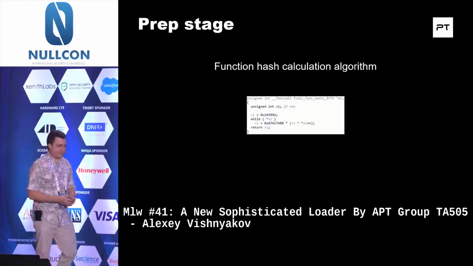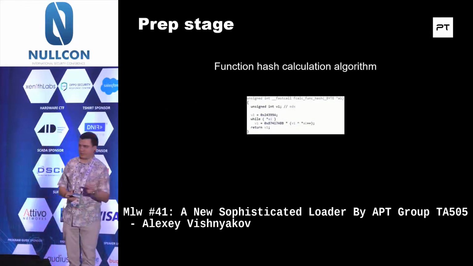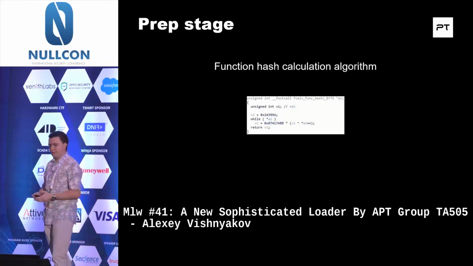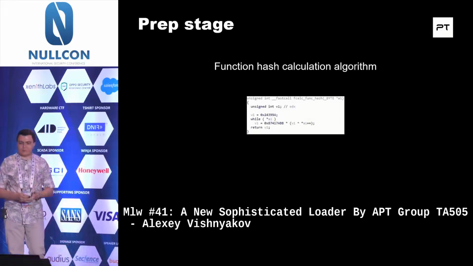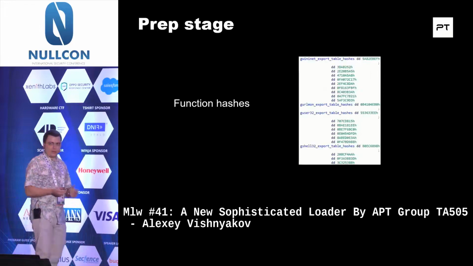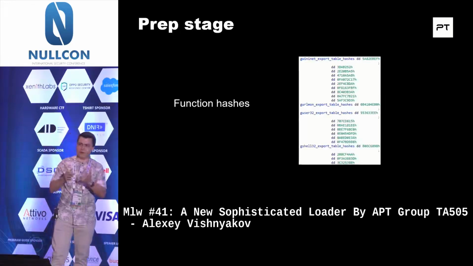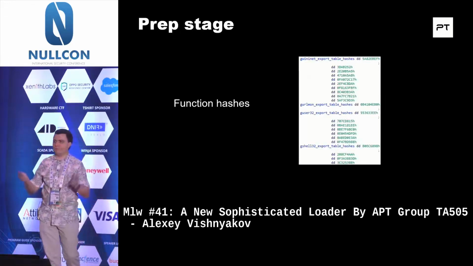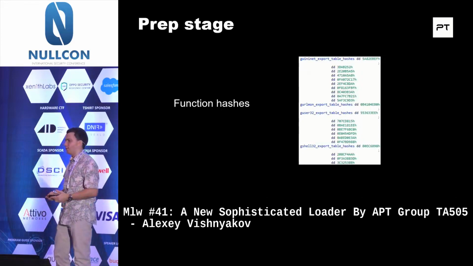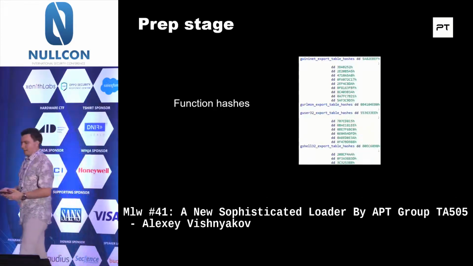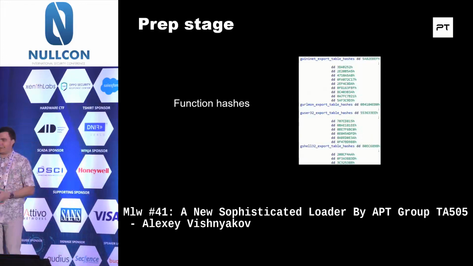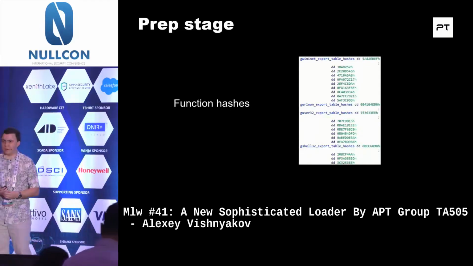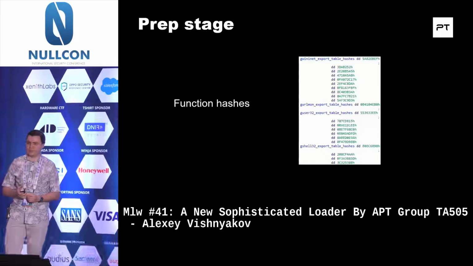Actually, this is a simple algorithm; the hash is just a 4-byte value. Based on hash values, we can compare our value with a predefined array of hash values which are hard-coded in our sample. Based on the comparison, we realize that we have found the necessary function, and now we are ready to execute it.